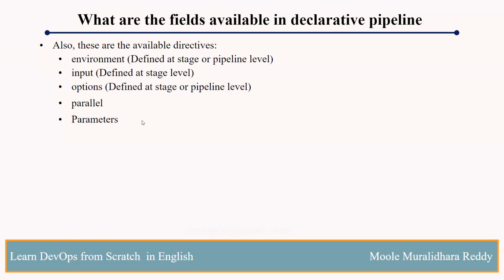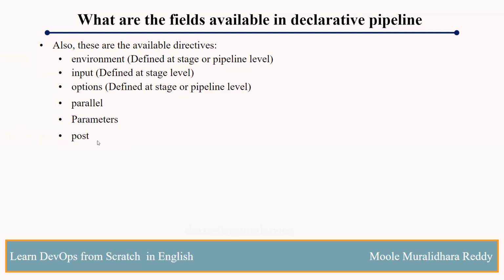Okay, and next one, parameters. If you want to pass any parameters, you can use the parameters tag. If you remember, we configure build with parameters, right? Same thing, if you want to define any parameters, you can use the parameters option. Next, post section. Post section is nothing but, inside the Jenkins job, we have post-build actions, right? If you want to send a notification, we can use it.